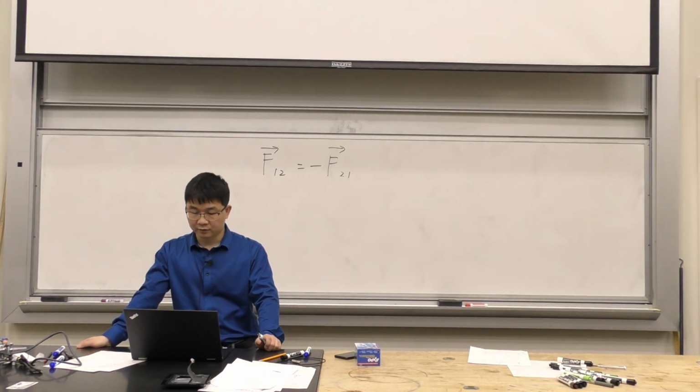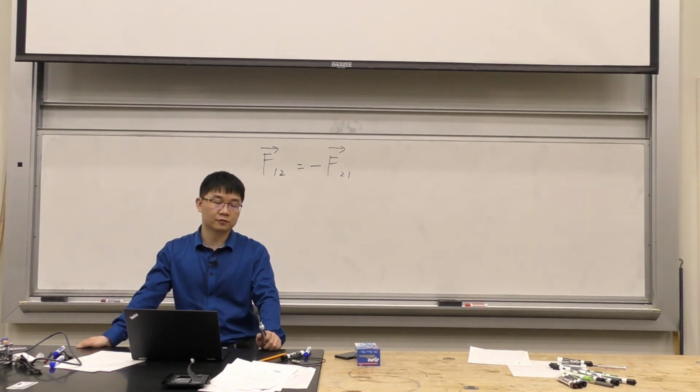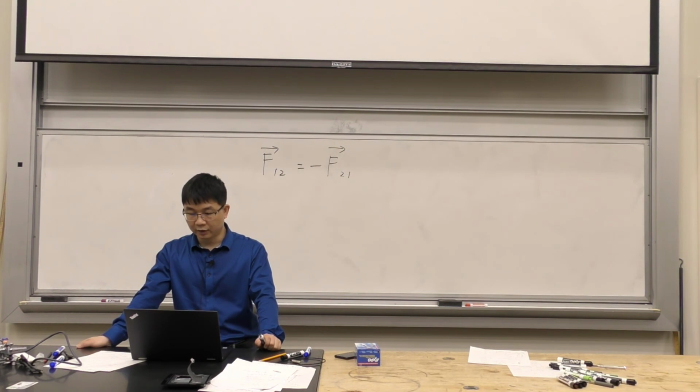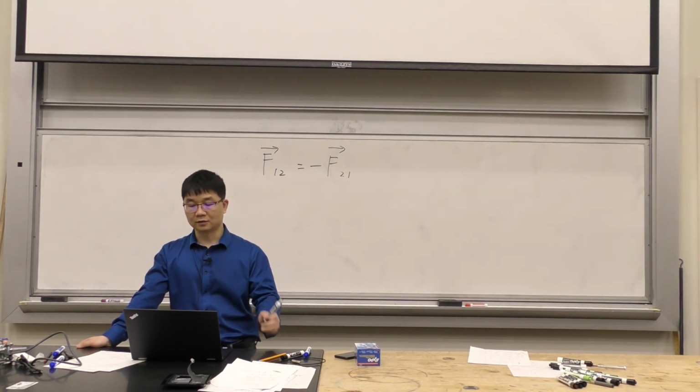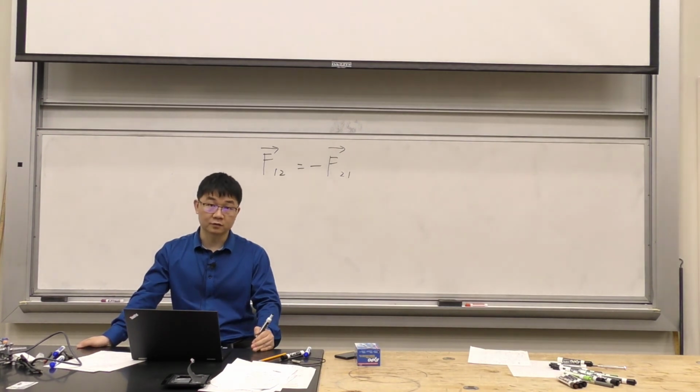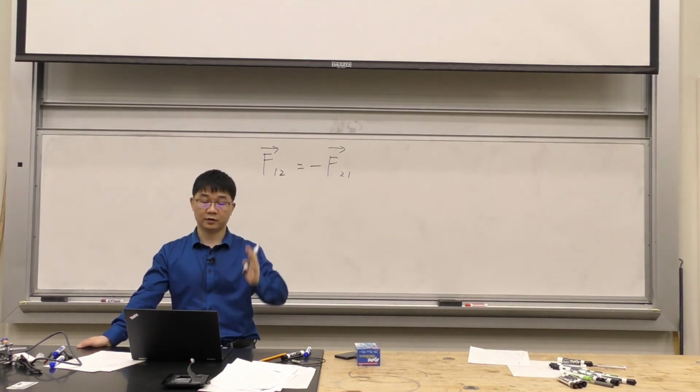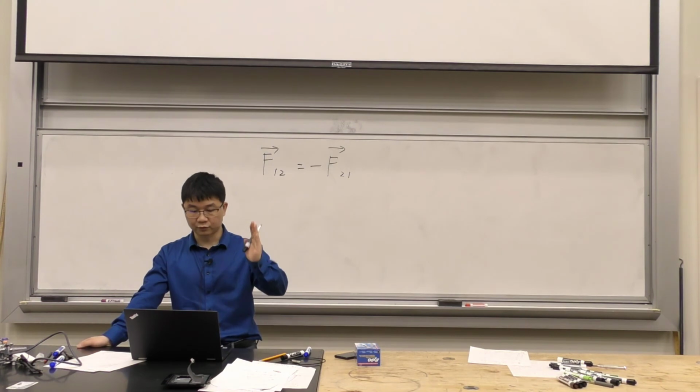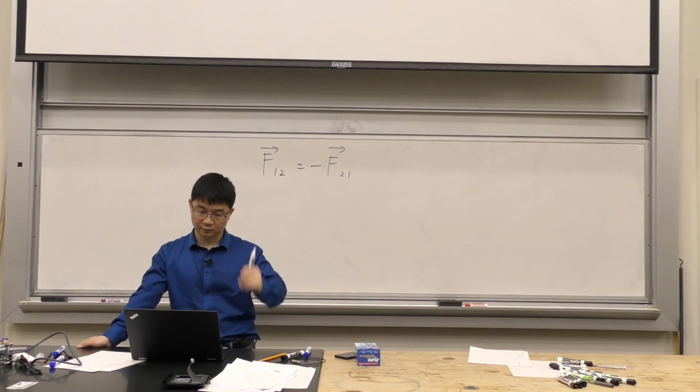Think about Earth and anything on the surface of the Earth. Anything feels a gravitational pull downward from the Earth. At the same time, it's also applying a force on the Earth, a pulling force upward on the Earth.